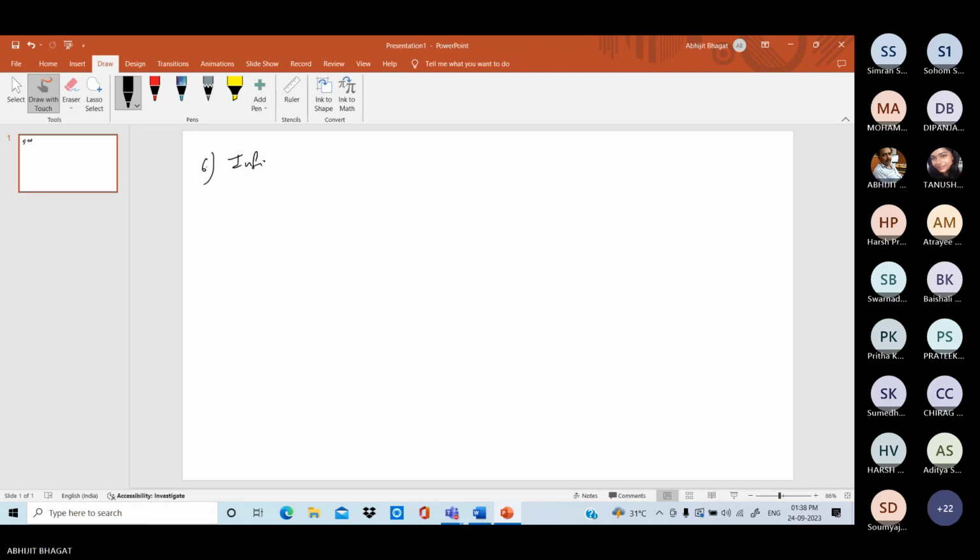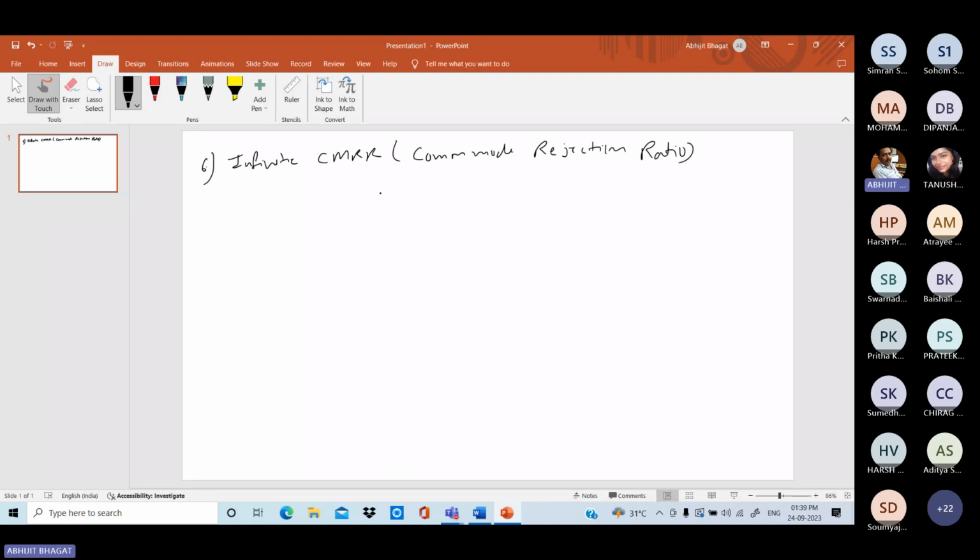Infinite CMRR. CMRR full form is common mode rejection ratio. Infinite CMRR, common mode rejection ratio.